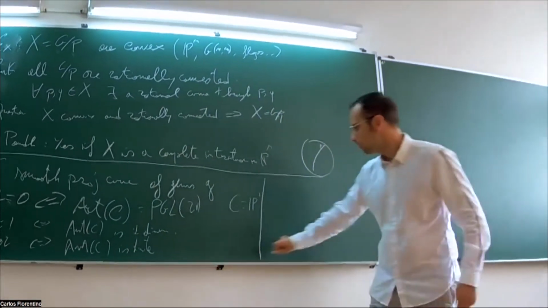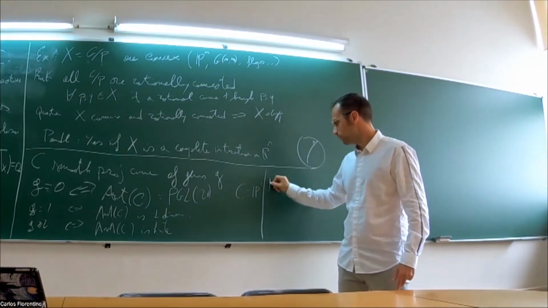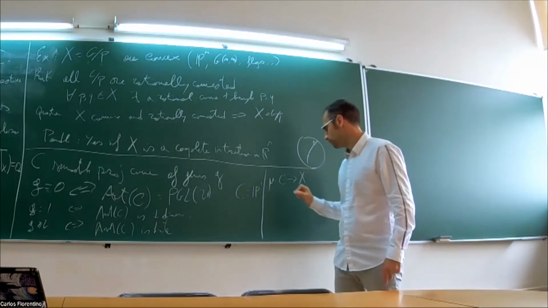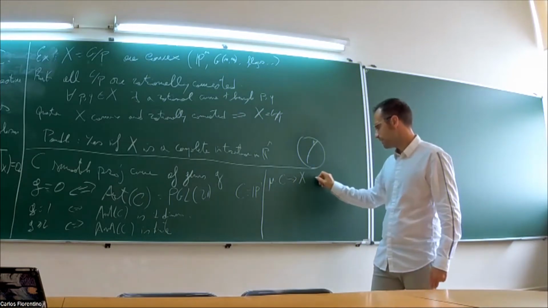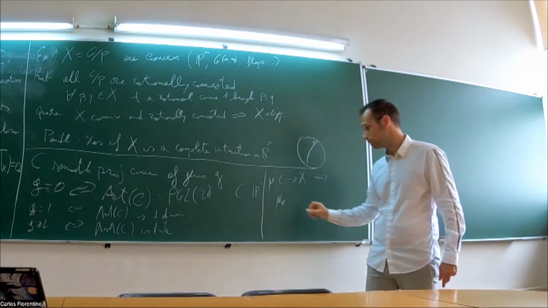And moreover, let's recall that when we have a map from C to some variety X, then we have an induced map in singular homology.